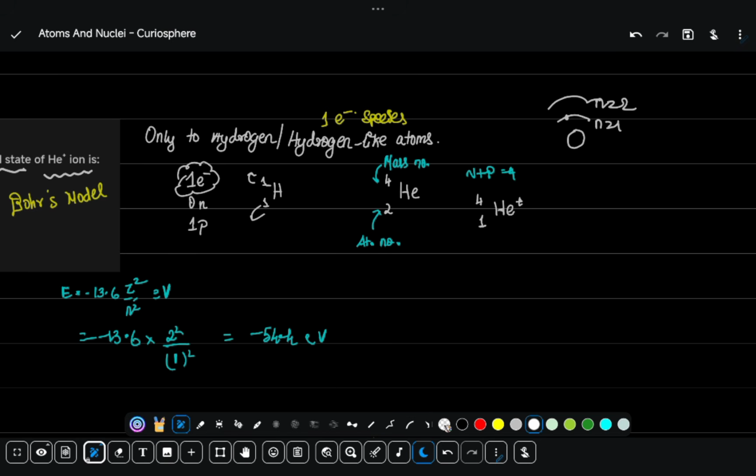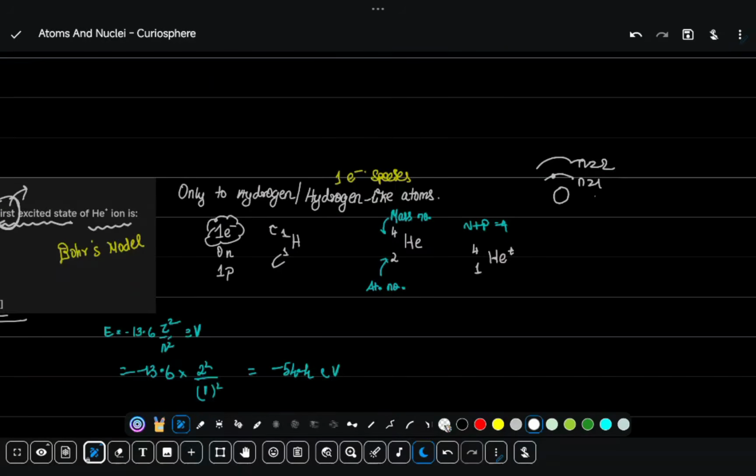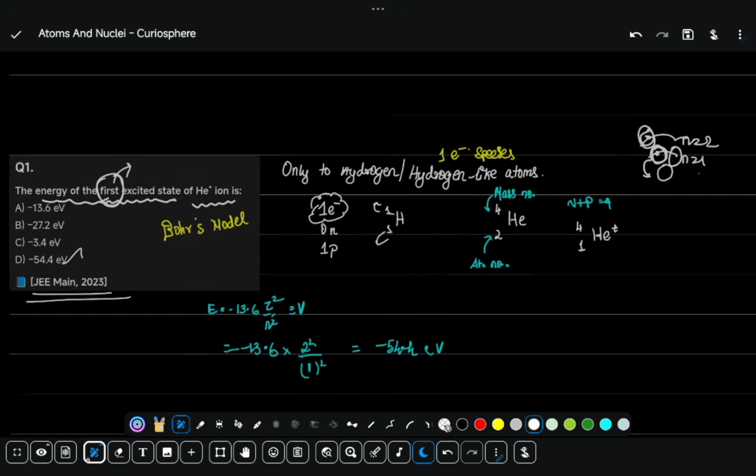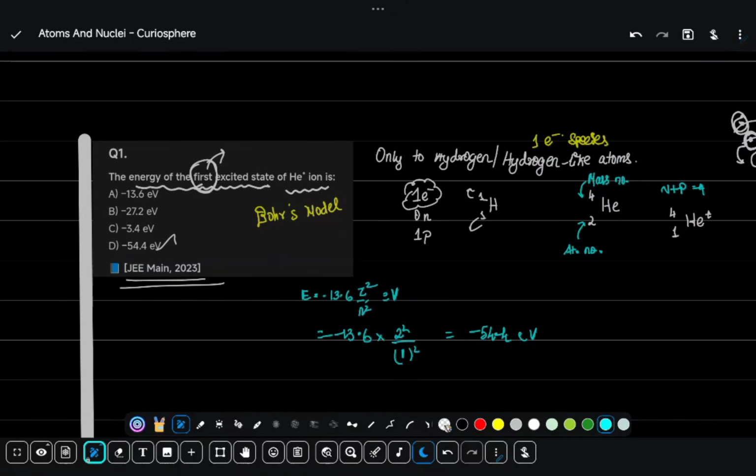Always the first one is the ground state. This will be the excited state. This can never be an excited state because below this there is no orbit, but this can be an excited state because below it there is the first orbit. So the first excited state means n is equal to 2.